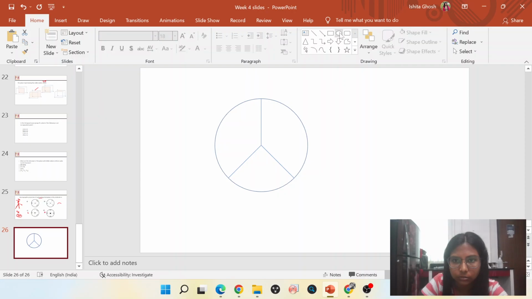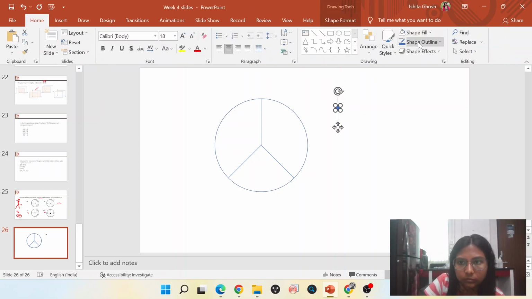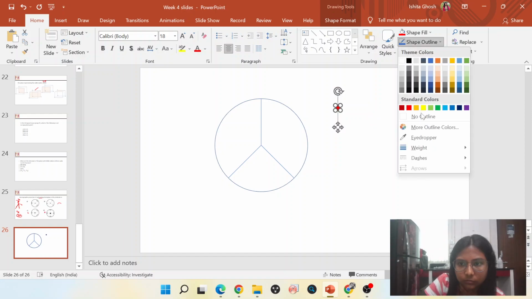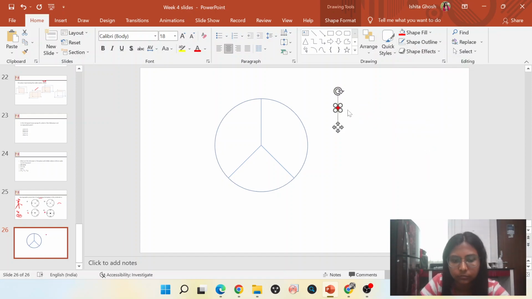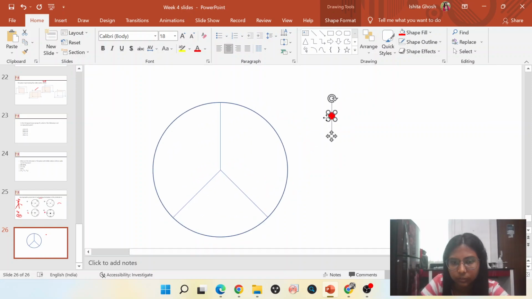We can use a small dot also, something like this. So at first we will draw the C3. C3 means we have this here, it will come here, then followed by here.